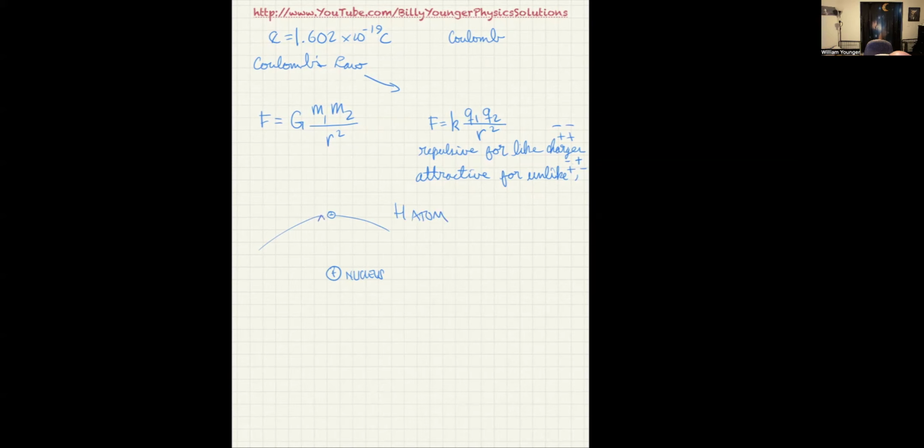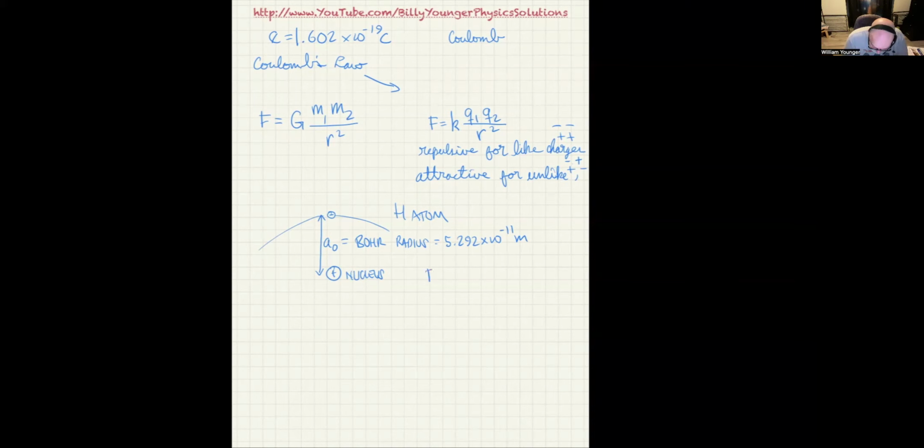That distance is called the Bohr radius, usually given the symbol A0, and that's the Bohr, as in Niels Bohr, radius, which he was able to predict, I mean, theoretically, even before we really knew it, but it's 5.292 times 10 to the negative 11th meters. That's the distance to the innermost orbital on the hydrogen atom.